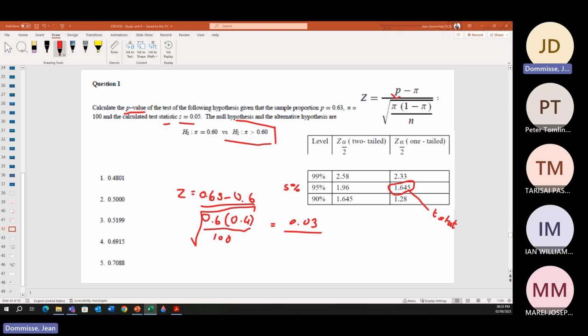Below the line, we've got the square root of, so let me first do 0.6 times 0.4 divided by 100 is 0.0024. We still need to take the square root of that.